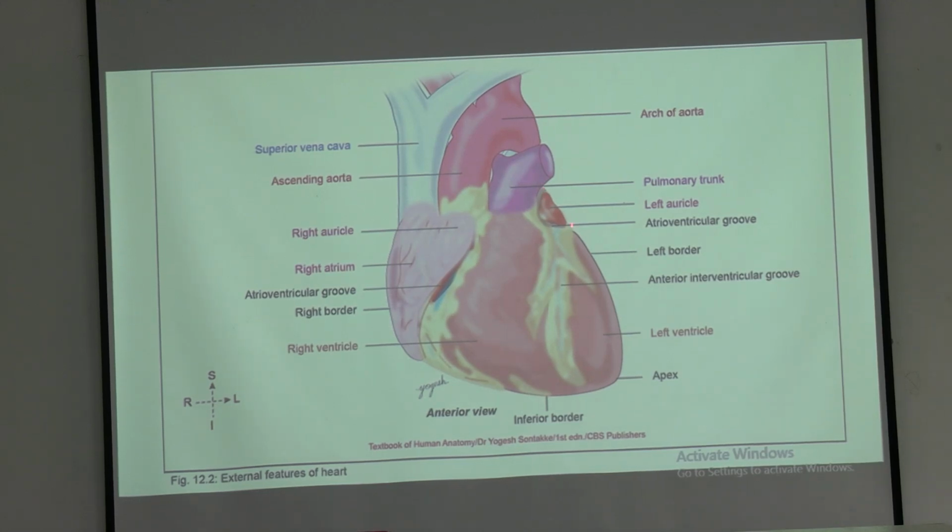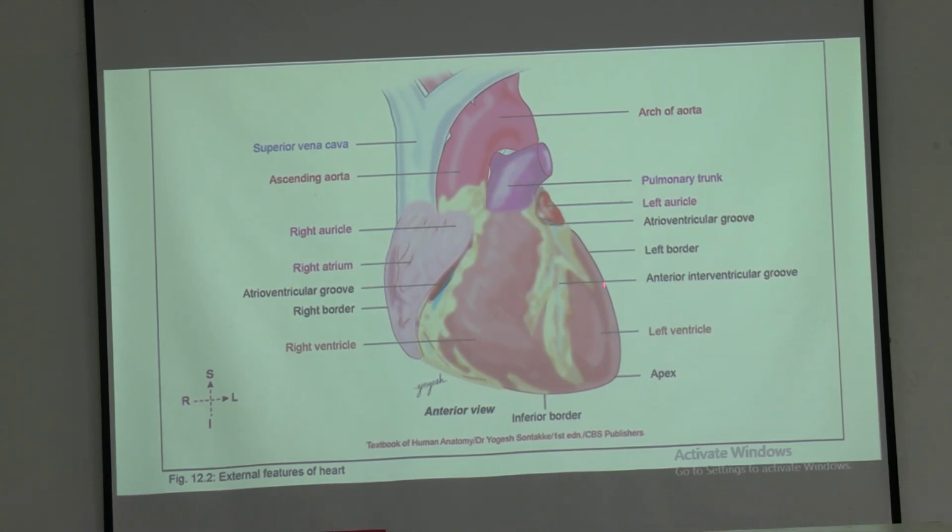We can find a tongue-shaped area here, that is the left auricle. So this is the right border and this is the left border.